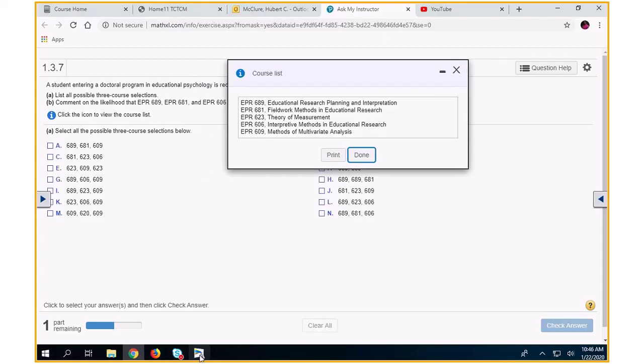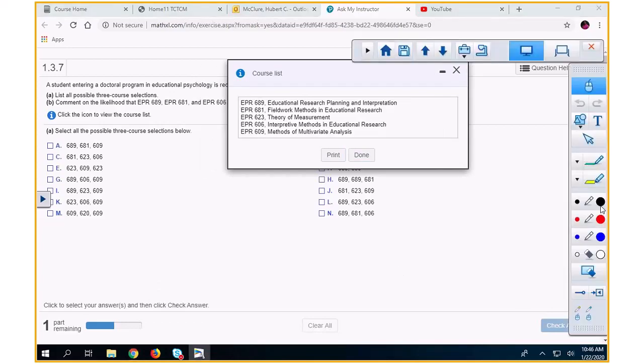So I'm going to take my handy dandy black pen, and you have to do a system. So I always take the first one, and they want 3 together, right? So I'm going to say 689, 681, 623. 689, 681, 606. 689, 681, 609. You see what I'm doing? I'm grabbing the first 2. Now the next one, I'm going to grab the first one and the middle one, and then go with the other 3.